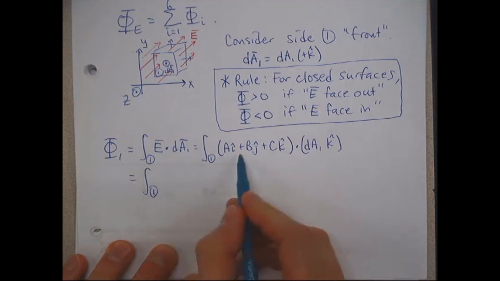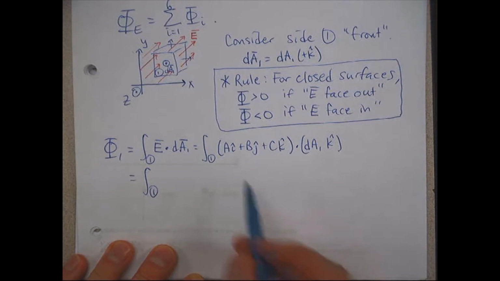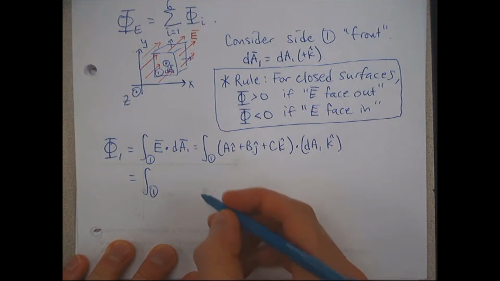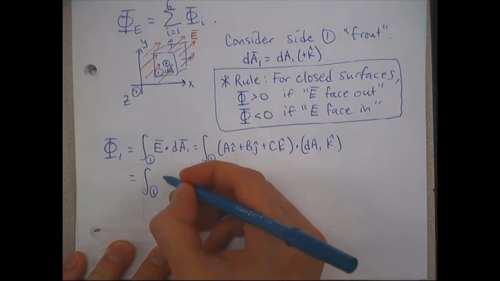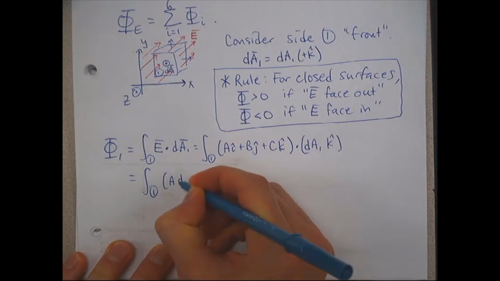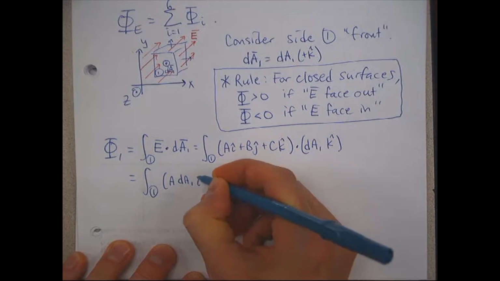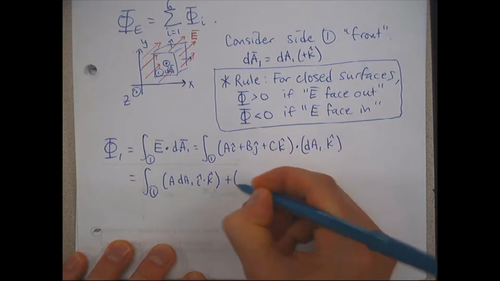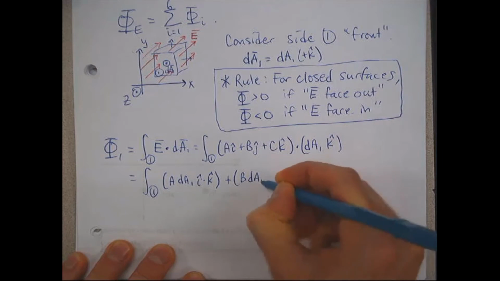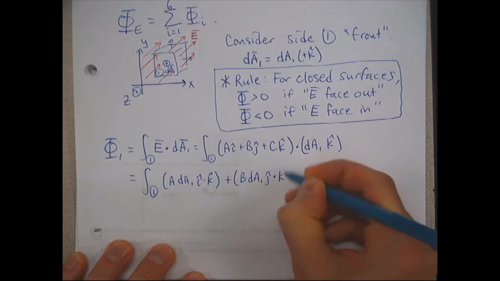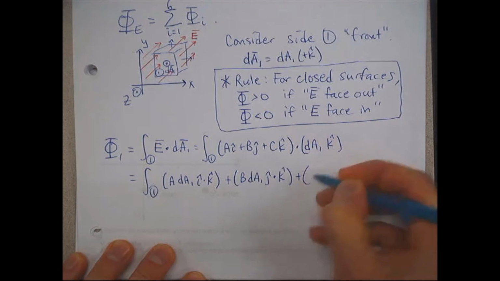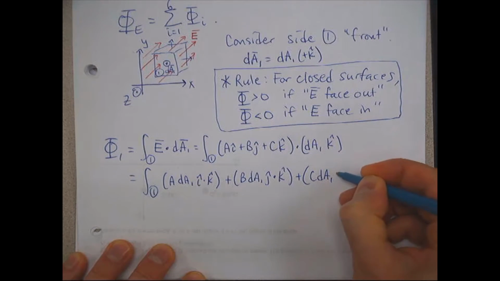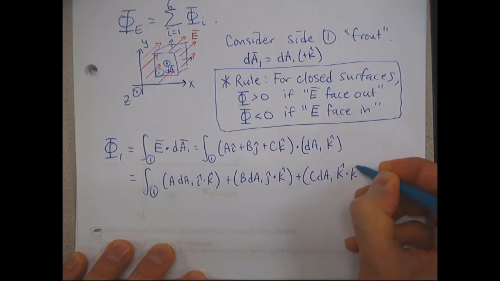Well, here are 3 different dot products. Okay, you can distribute the dot product. So we have 3 terms here. There's A dA1 i hat dot k hat, plus B dA1 j hat dot k hat, and C dA1 k hat dot k hat.